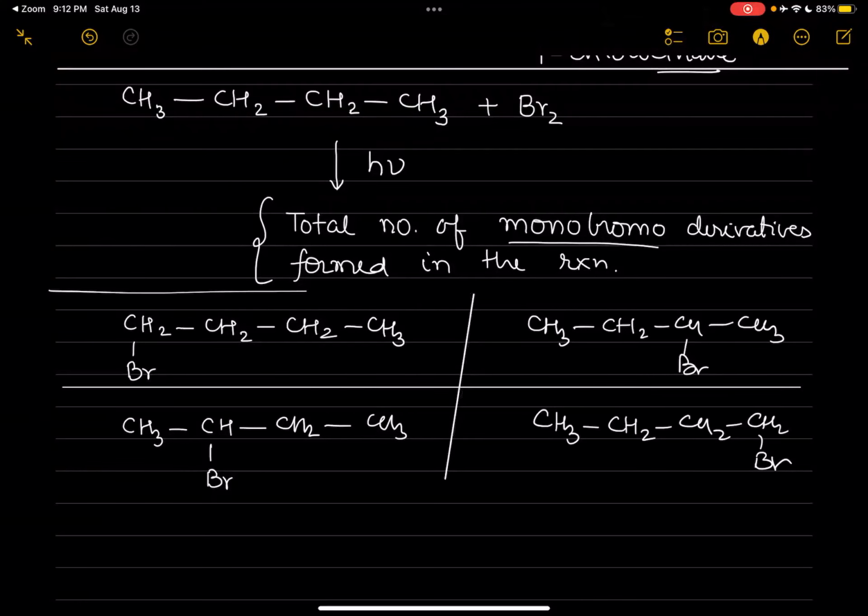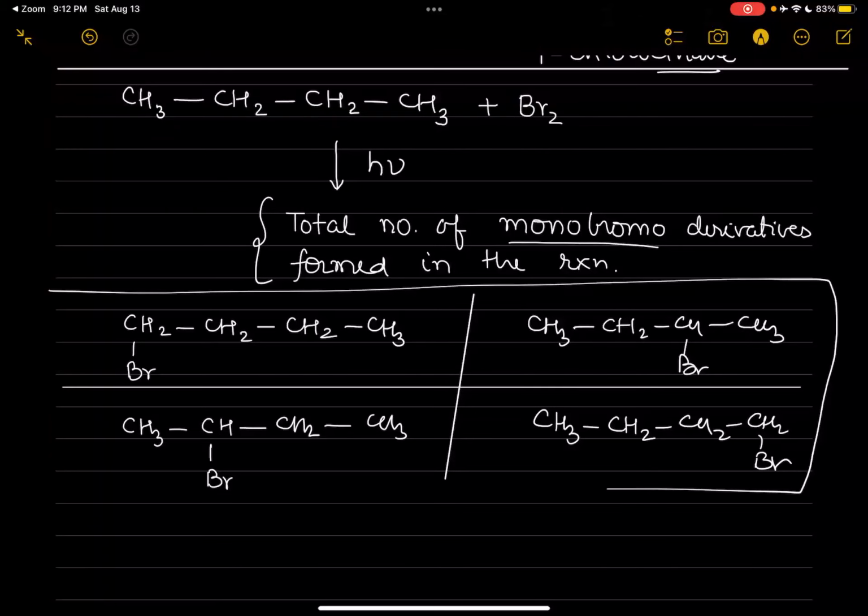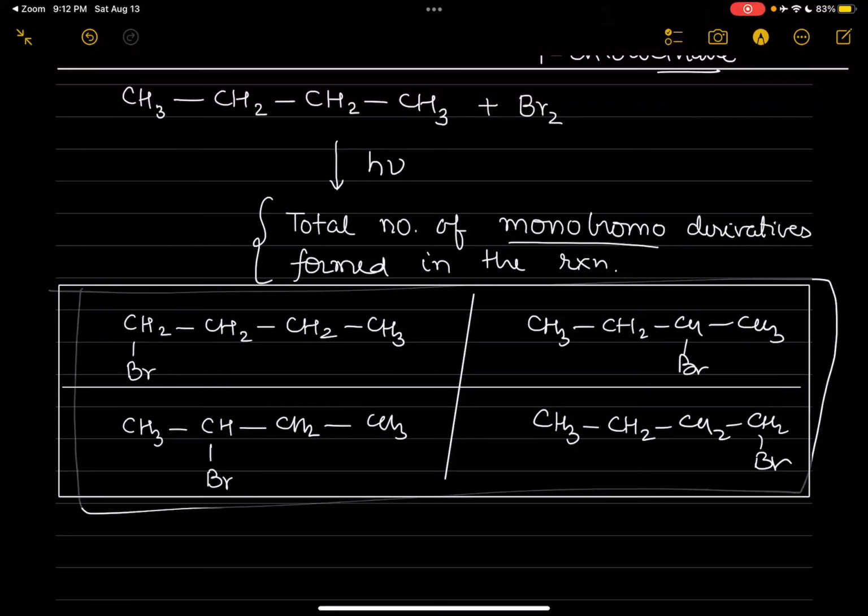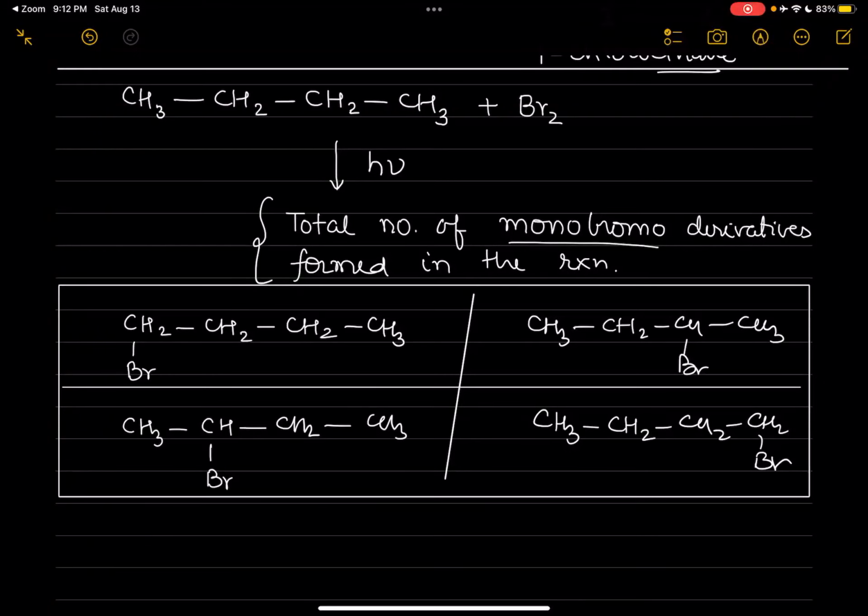You can write their IUPAC name also. They are same or different? Different. Yes, they are different, but some of them are the same also.